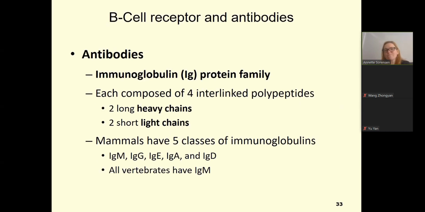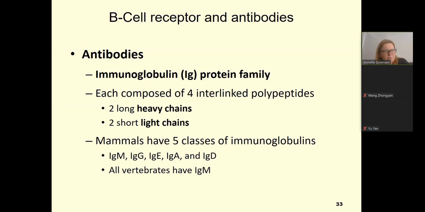Okay, so I've already mentioned that the B cells make antibodies. Now these antibodies are also called immunoglobulins. These antibodies are similar to the B cell receptor.